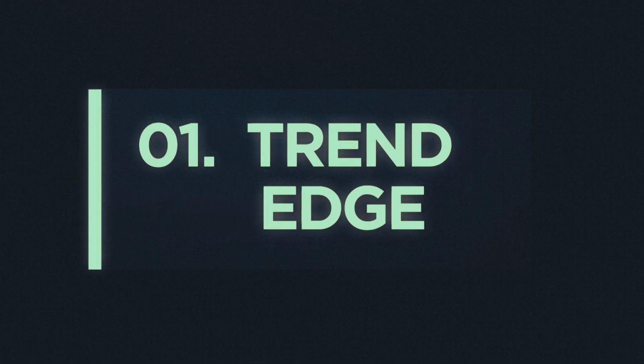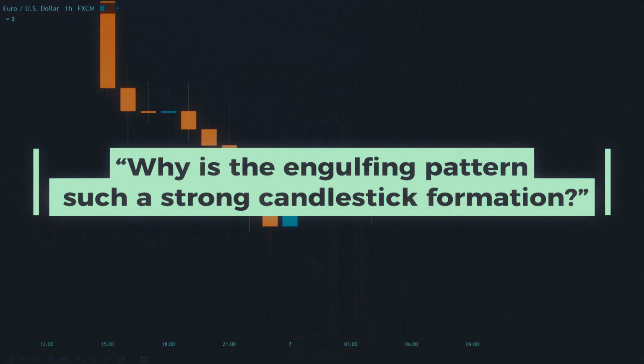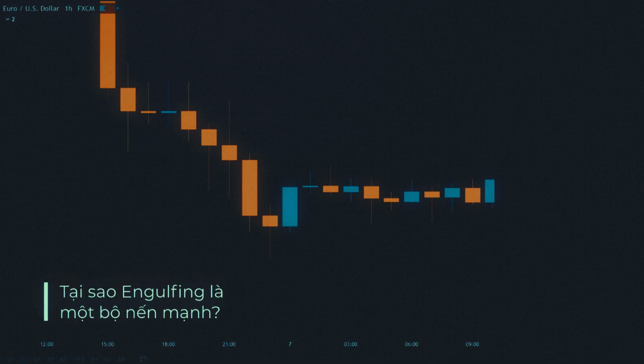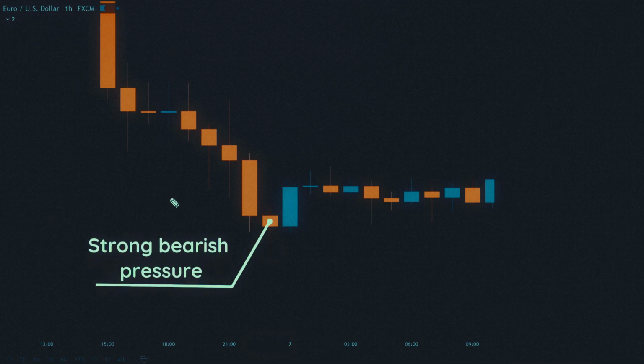Okay, part 1, the trend advantage. Let's talk about why we follow the market's momentum. Before we even start looking at specific candle shapes, we really need to understand what we're actually looking for on the chart. If you're familiar with Williams fractals, you already know that every single time price makes a higher high or a higher low, it creates what's called a pivot point.